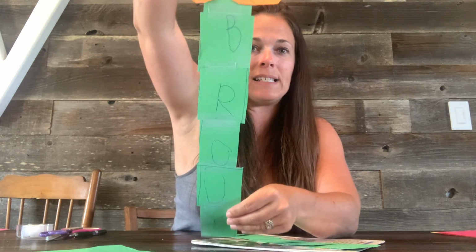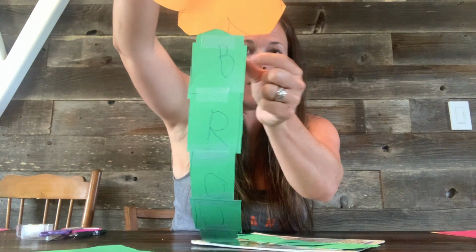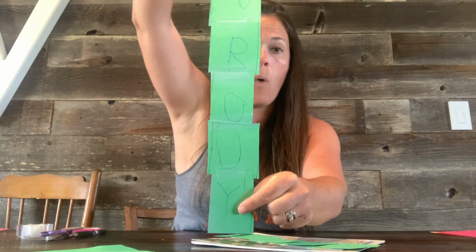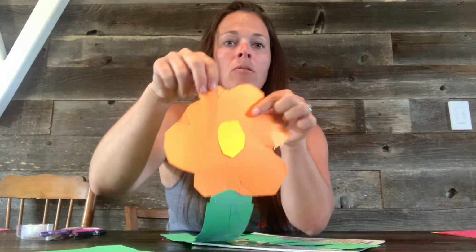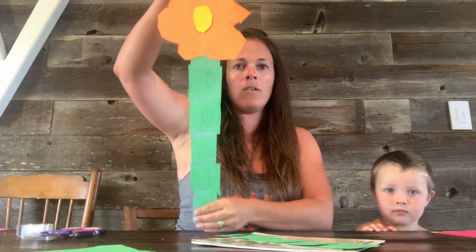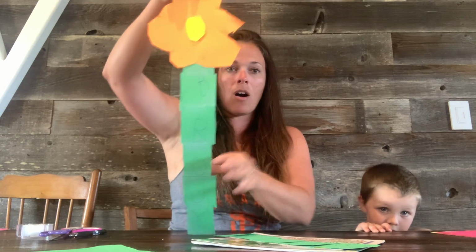You can see his name. He wrote it. B-R-O-D-Y. And he cut out the center part of the flower. And I drew a flower for him and he cut the flower out. And so now you have a flower on a stem.